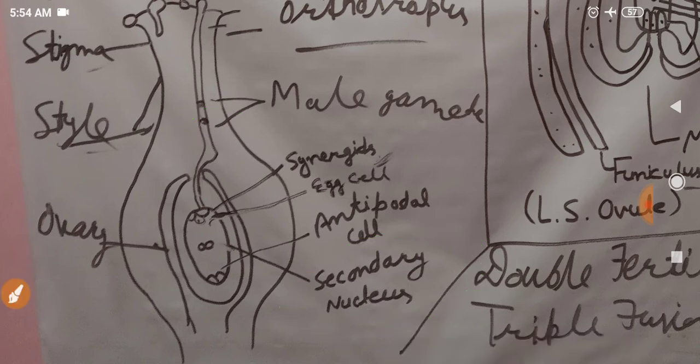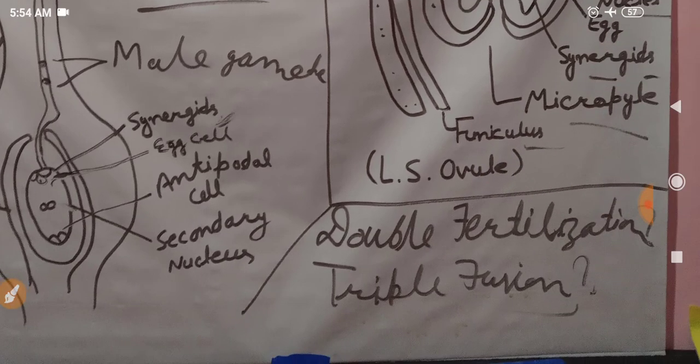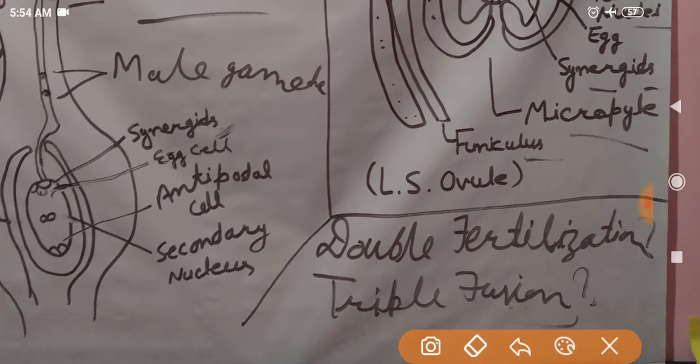Two questions are always asked in higher classes, from 8 to 10: what is double fertilization and what is triple fusion.